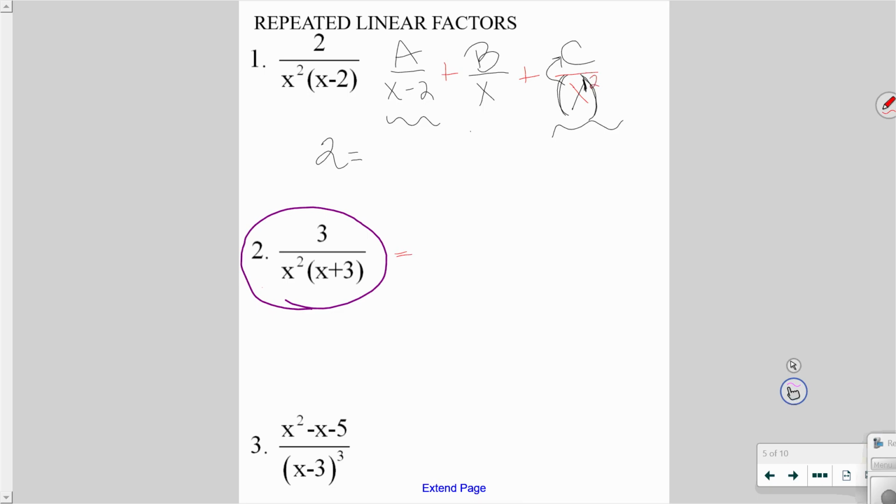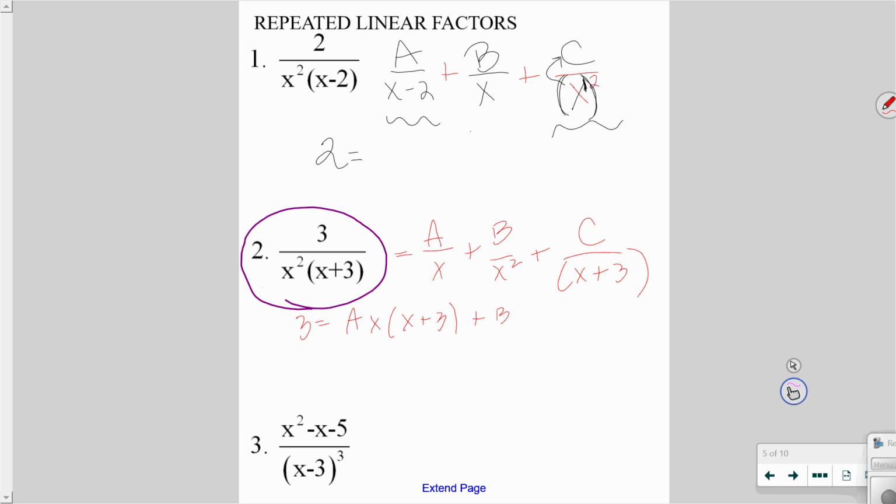So we've got A over x, B over x squared, C over x plus 3. I really suggest, and it happens every year when I do this, people tend to skip this line. Do not skip this line. Multiply through by your LCD, right?